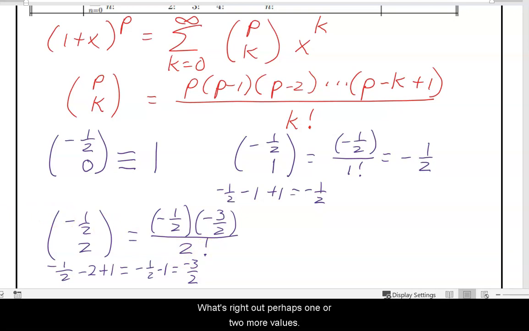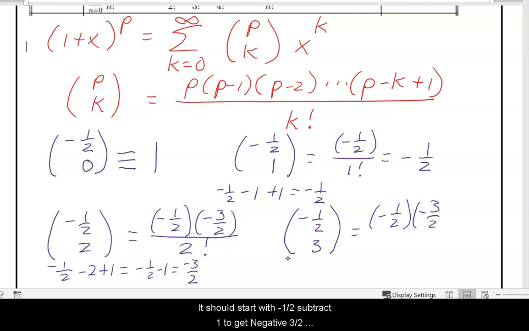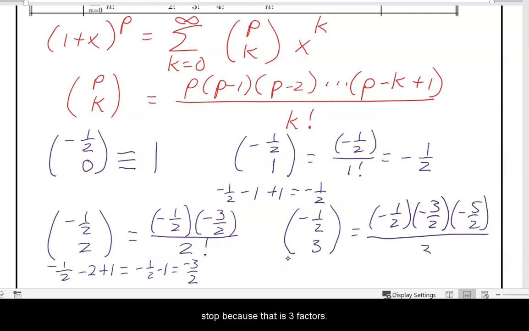Let's write out perhaps one or two more values. Using the last rule we mentioned, because I have 3 written for the k value on the bottom, I should have 3 factors. It should start with negative 1/2, subtract 1 to get negative 3/2, subtract 1 from that to get negative 5/2, and then stop, because that is 3 factors.